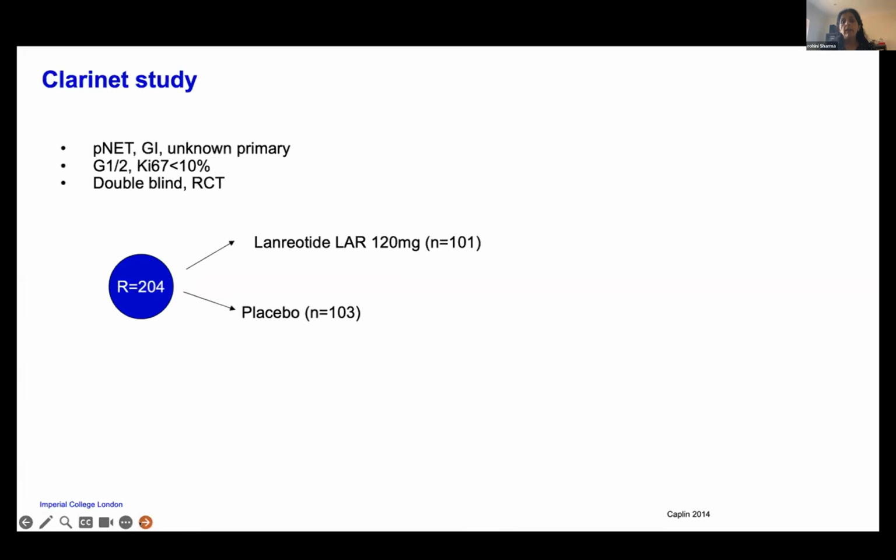This was looked at in the CLARINET study. The CLARINET study enrolled patients with pancreatic NETs, GI NETs, as well as unknown primaries. All patients, again, had grade 1 to grade 2 disease, Ki-67 less than 10%. It was a double-blinded study where patients received either lanreotide 120 or placebo.